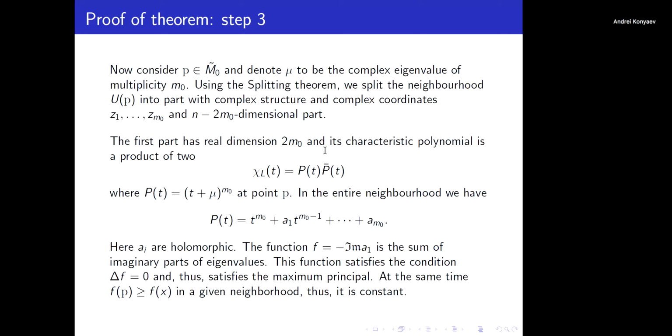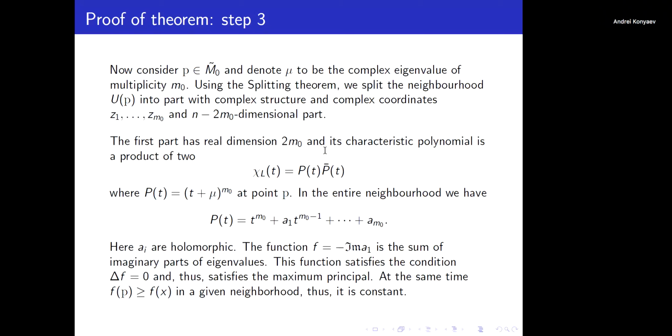We have M0 multiplicity of complex eigenvalues, which means that M0 is also the multiplicity of the conjugate. If we combine them together, we get a polynomial of degree 2M0, because you have M0 complex coordinates, which is again 2M0 real coordinates.